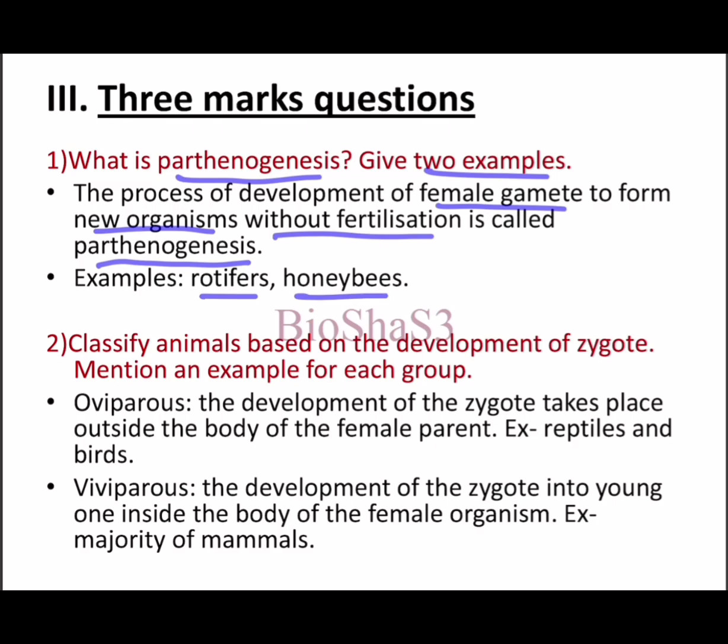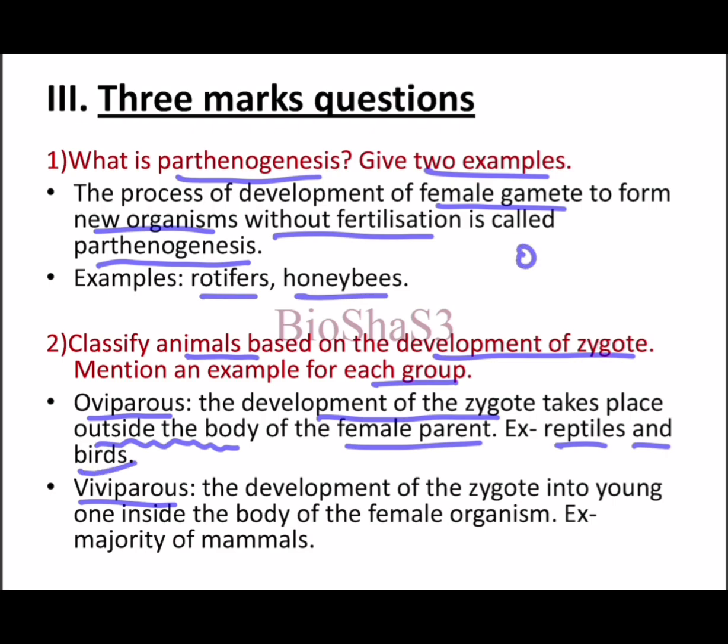Then classify animals based on the development of zygote. Mention an example for each group. So based on how the development of the zygote will happen, the animals are classified into oviparous and viviparous. What is oviparous? The development of the zygote takes place outside the body of the female parent, for example reptiles and birds.